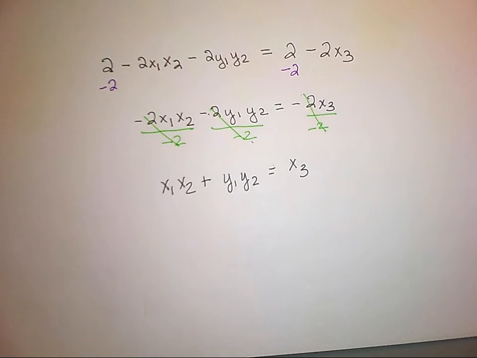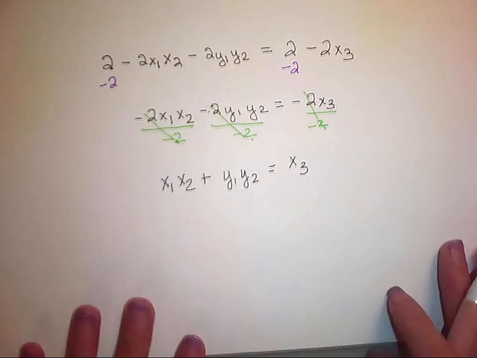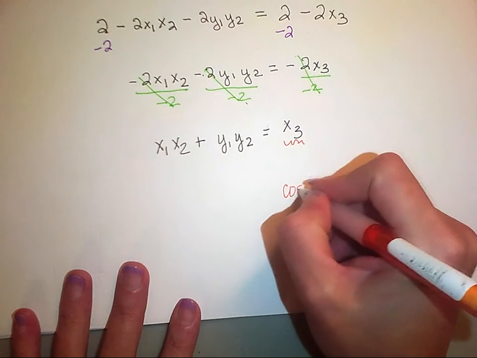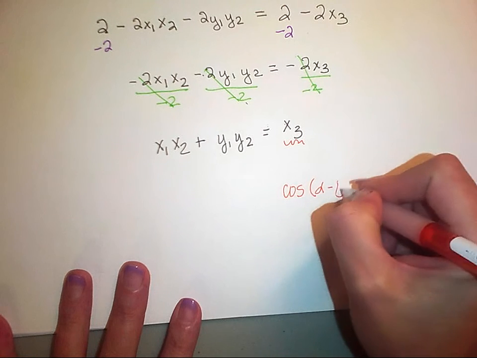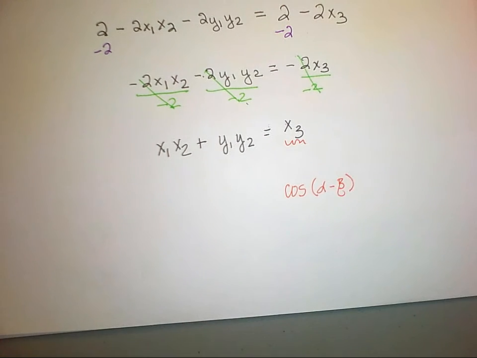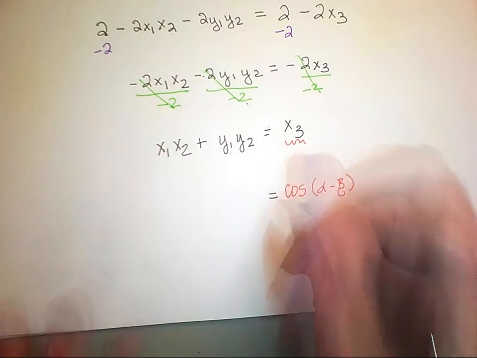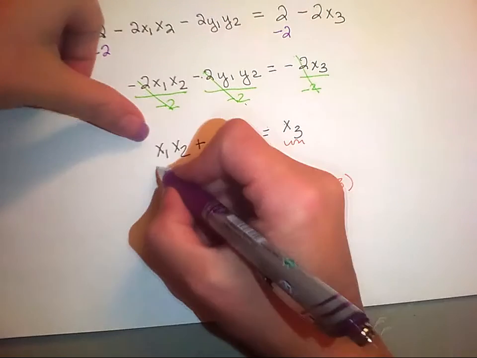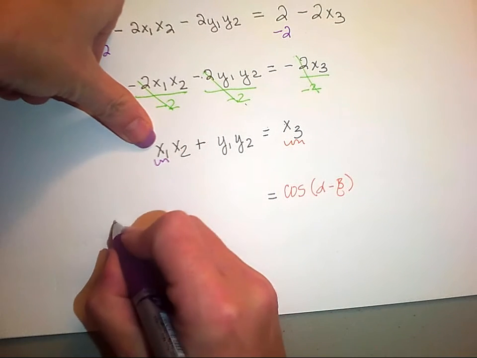And believe it or not, we're done, because if we go back and remember what we were doing, x3 represented the cosine of alpha minus beta, and that is equal to, now our x1s dealt with the cosine of alpha. So x1 was the cosine of alpha.